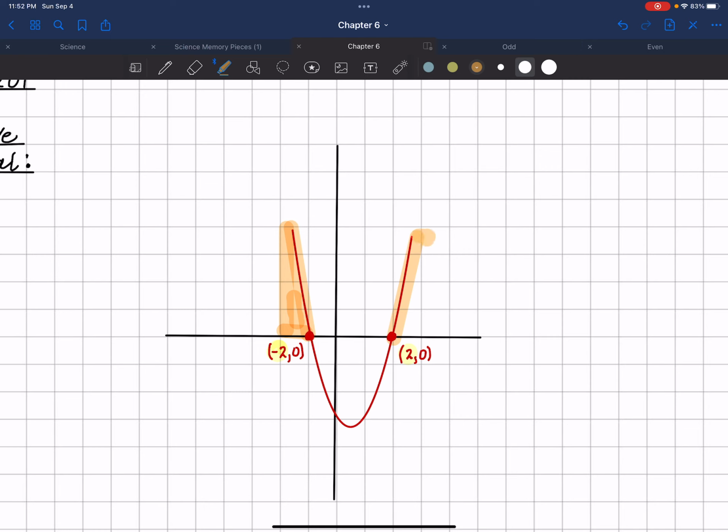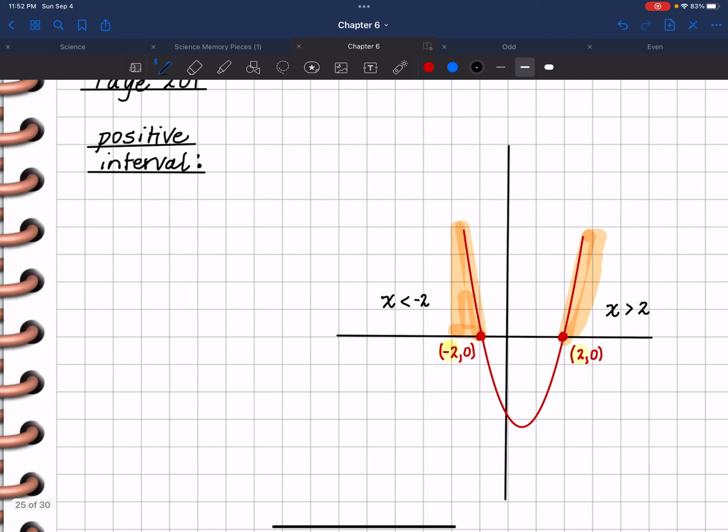So when x is greater than 2, let's not say 2 or higher, because when it's 2, it's on the x-axis. Or when x is less than -2, you are above the x-axis. You're in the positive interval.